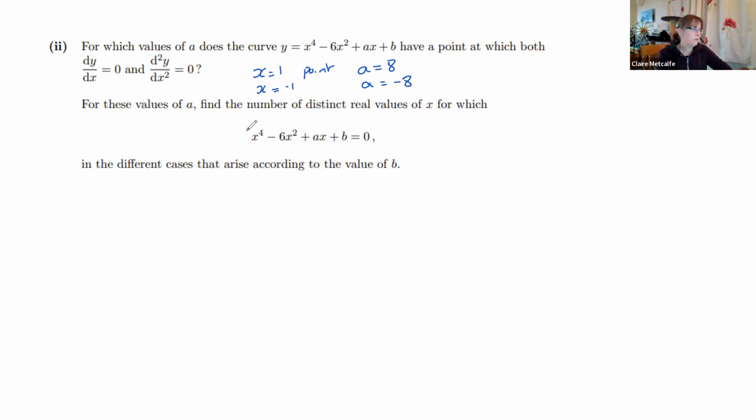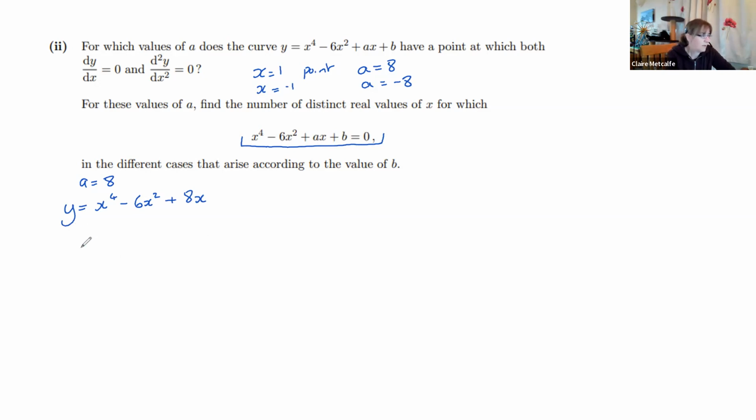Okay, now we're trying to find the number of roots of this equation. And it's a good idea to think about doing something like we did before. Let's take a equals 8, and let's have a look at the graph y equals x to the 4 minus 6x squared plus 8x. So it looks a bit like this. I've taken b equals 0 for now.